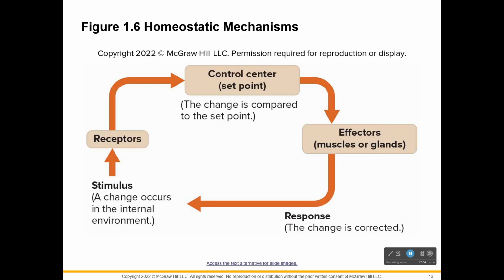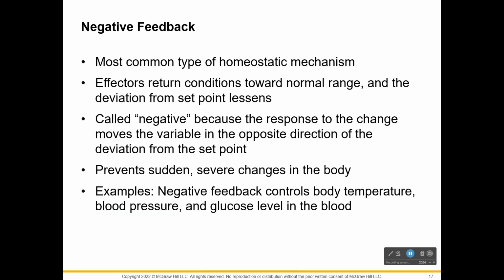I just lost stimulus. Sorry. So this will not have sudden, severe changes in the body. They are slow to correct themselves. And so we see this with your body temperature. If you get too cold, think about how your body reacts when you're too cold. What do you do? I hope you didn't say go get a jacket, even though that is a response. But you shiver, right?